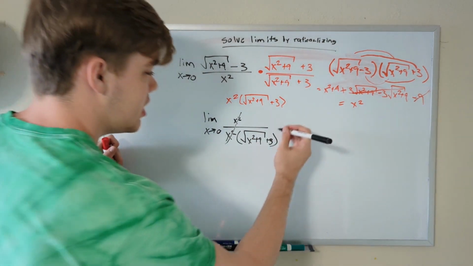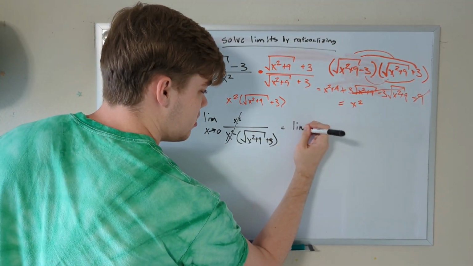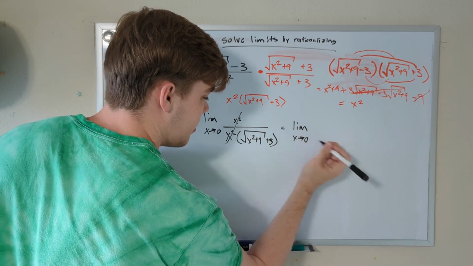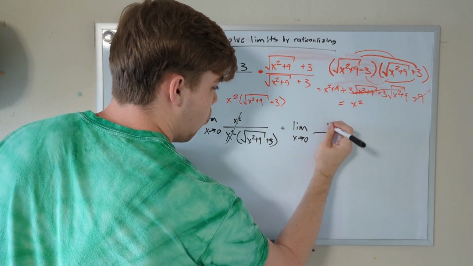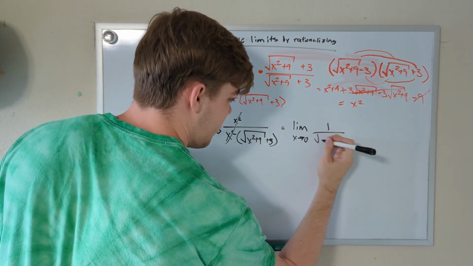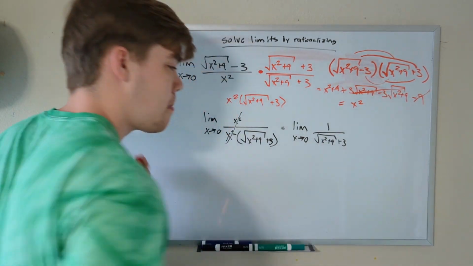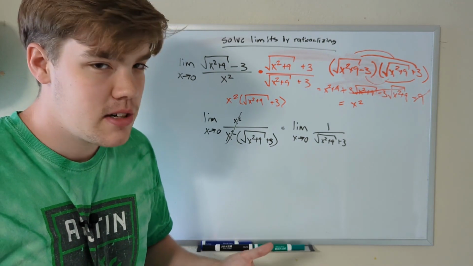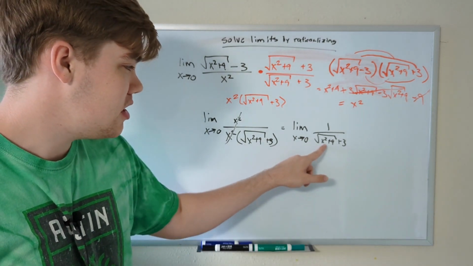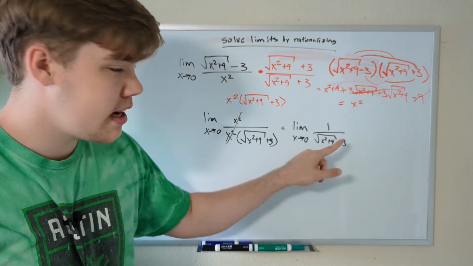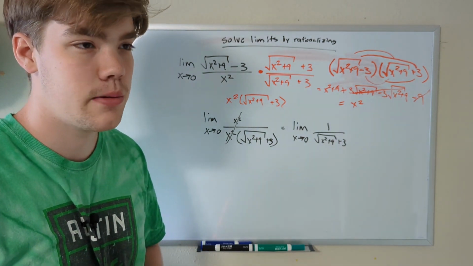So now our new function is simply the limit as x approaches 0 of 1 divided by the square root of x squared plus 9 plus 3. And this will not turn into 0 divided by 0, and if we were to plug in 0 here, we would get the square root of 9 plus 3, which will also not equal 0.